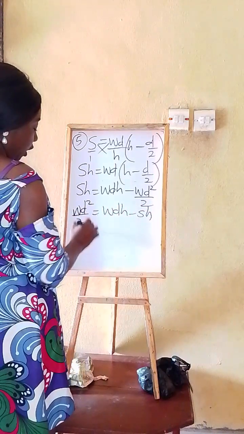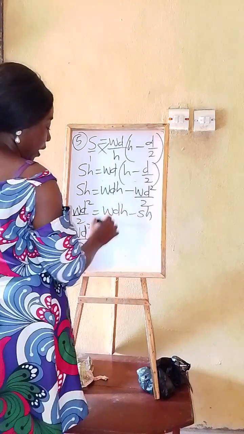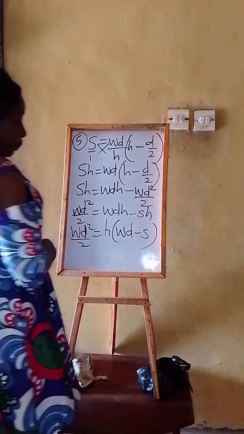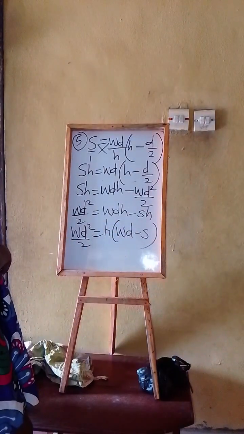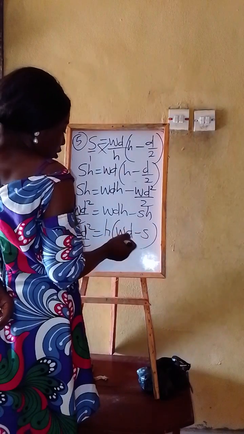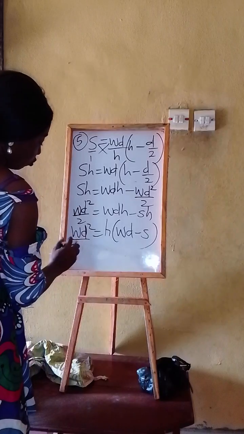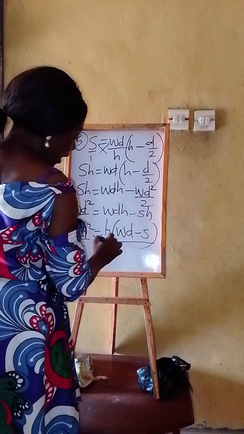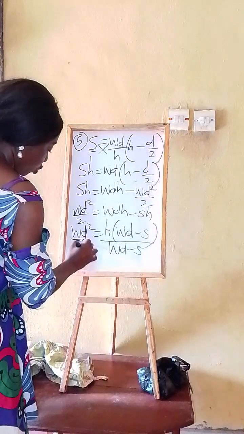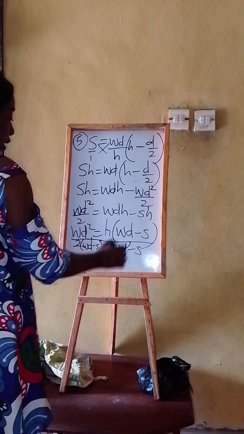WD squared over 2 equals WDH minus SH. So what do we have in common here? H. We have H into WD minus S. The next thing to do is to divide through by WD minus S. So this cancels this.